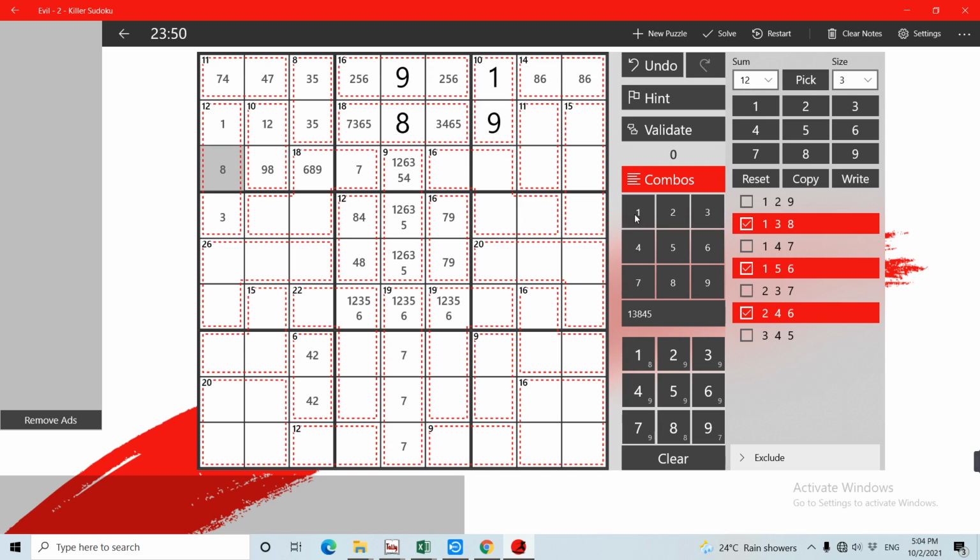Then next 1, 5, 6. So we cannot have 5 in this box. So we will have the 5 here. Then can I enter 6 here? Yes. Can I enter 5 here? No. Can I enter 1 here? Yes. So 1 and 6.